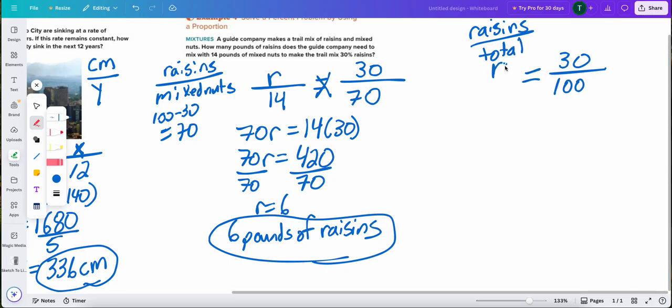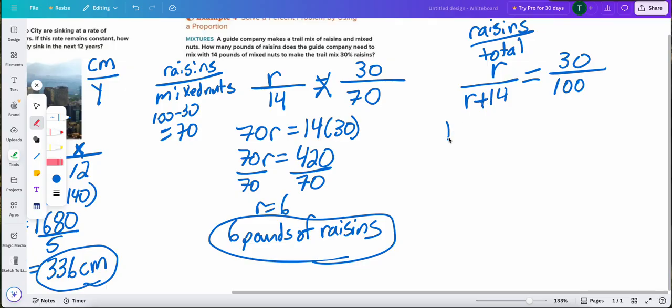Once again, we don't know the pounds of raisins, so that'd be R. But our total isn't 14. It would be the raisin pounds plus those 14 pounds of mixed nuts. So in the denominator, we'd have R plus 14 using this method.